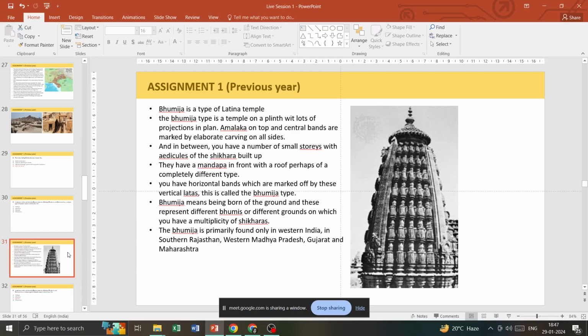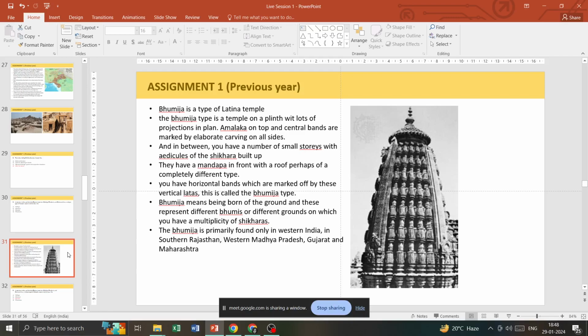There is this main shikhra, and then in the carving, in the detailing, you have aedicules of smaller shikhras. You can see in this image, the Neelkantheshwara temple in Madhya Pradesh, the smaller shikhras in the design. This is the main feature of a Bhumija temple.